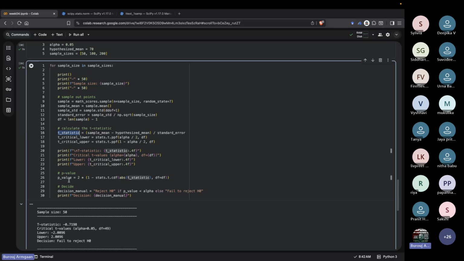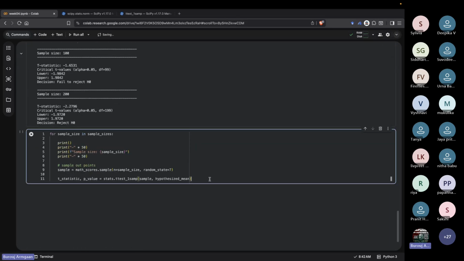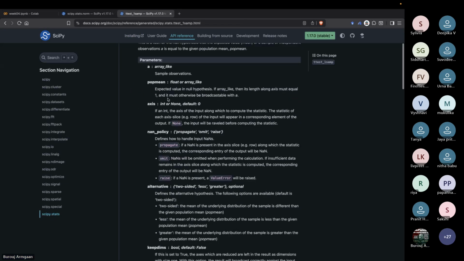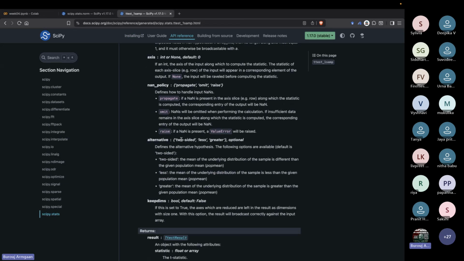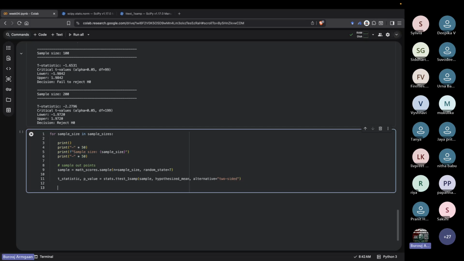That is the t statistic and the p-value. We calculate this. Let me see if it also takes alternative two-sided. Yeah. So we want it to be two-sided. Okay. So we have this, and then we just have to print this.